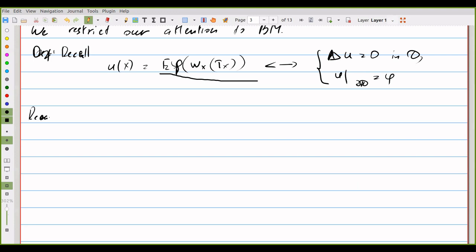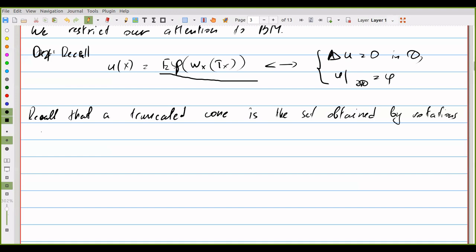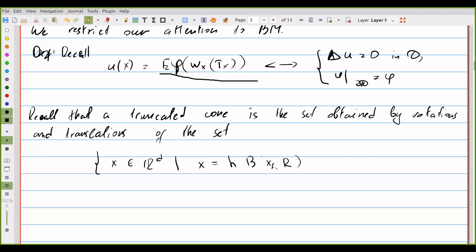So recall that a truncated cone is the set obtained by rotations and translations of the set of those points y in R^d, with z for some vertex, some size, and these are positive.